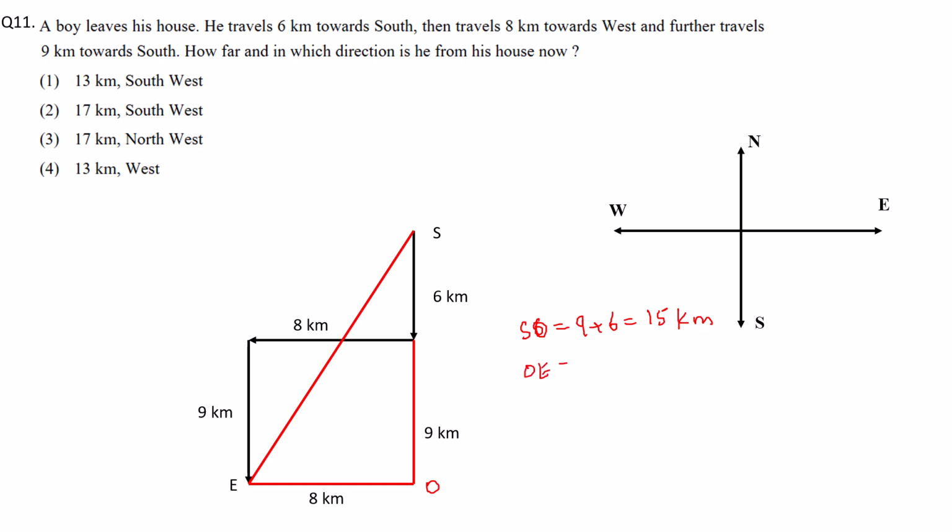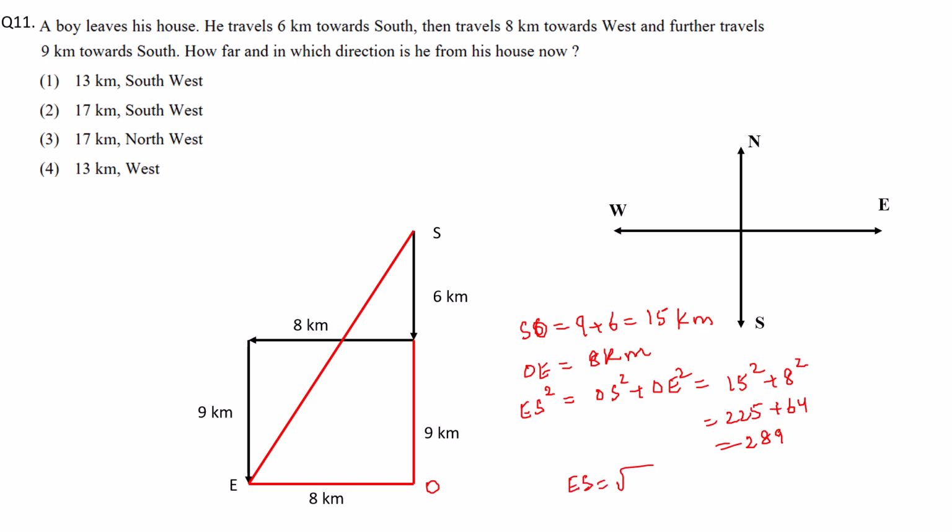OE is 8 kilometers, and you have to find ES. So use the Pythagoras theorem: ES square equals OS square plus OE square. That is 15 square plus 8 square, so 225 plus 64, which adds up to 289. So ES will be root of 289, which is 17 kilometers.